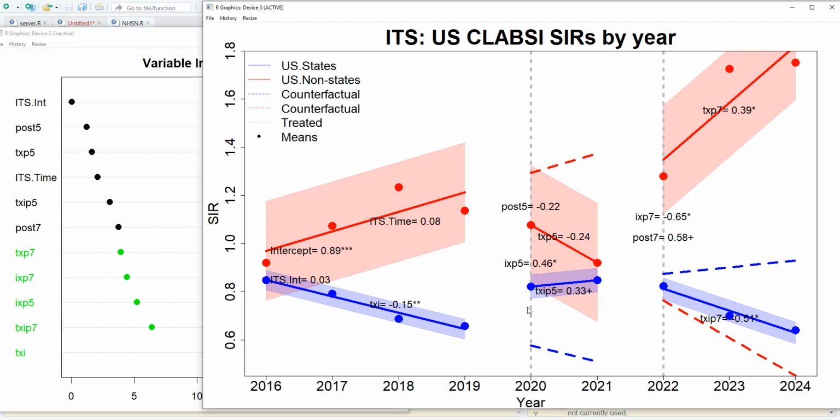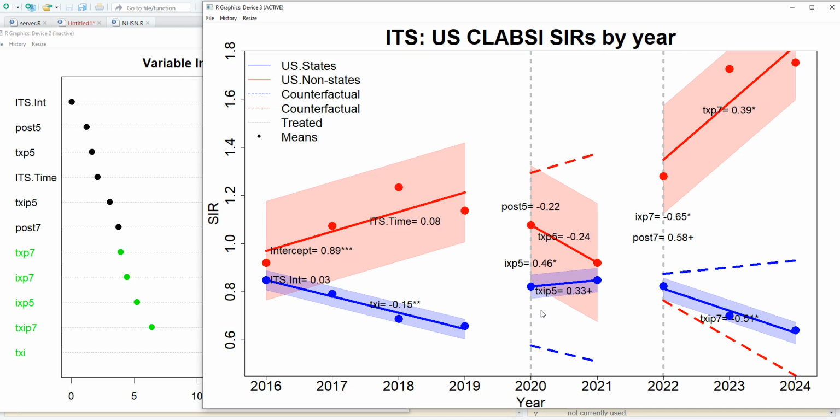The difference between those two minus the difference between where the red solid and red dashed lines touch the gray vertical line. So the difference in the intervention group minus the difference in the control group gives us that IXP of 0.46.